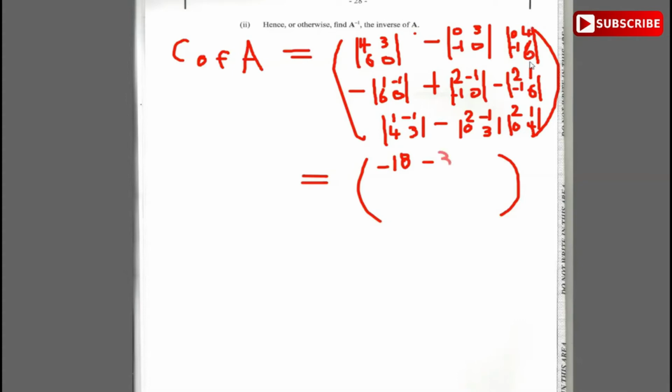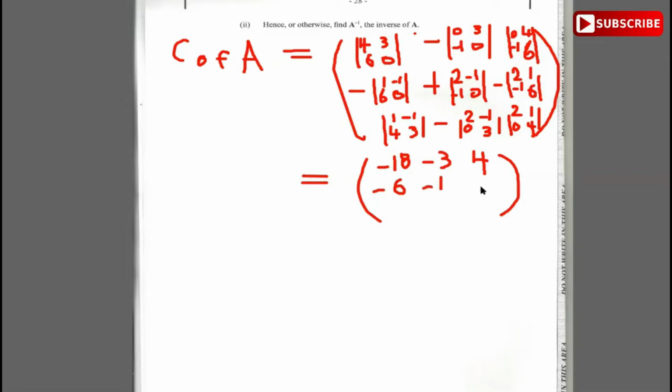Then we have 0 minus 4 is plus 4. Then we have 0 minus 6. That's now -6. 2 times 0 is 0. Minus 1. 0 minus 1 is -1. And then we have 2 times 6 is 12. 12 minus 1 is 13.